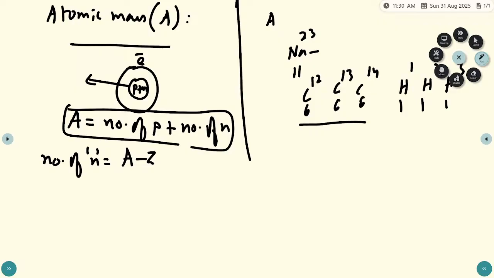Okay, so then how many number of neutrons are present in hydrogen? How many neutrons are present in hydrogen? So except hydrogen, remaining atoms or remaining elements having some neutrons, but in the hydrogen the number of neutrons equal to 0.